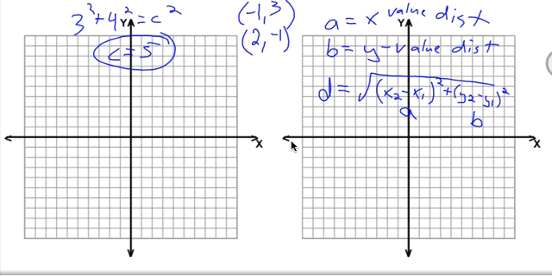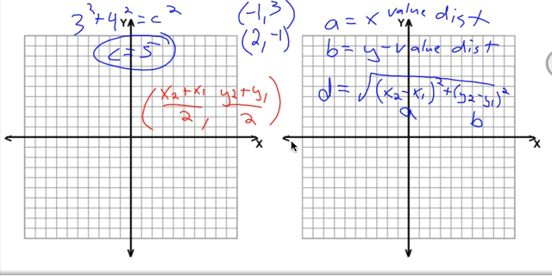So really, the formula we have there is (x2 plus x1) over 2 is my x value. So it's the average x value, add and divide by 2. And same thing for the y values, (y2 plus y1) over 2.